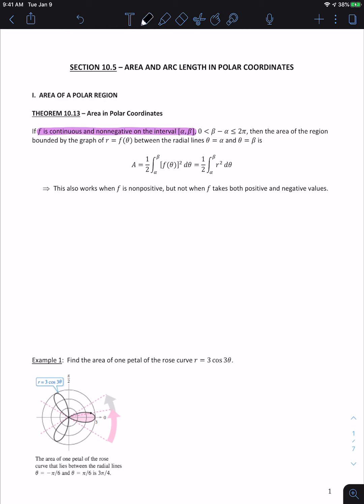Okay, so where does this formula come from, right? Right now it kind of seems like magic, but it actually comes from the area of a sector of a circle formula.